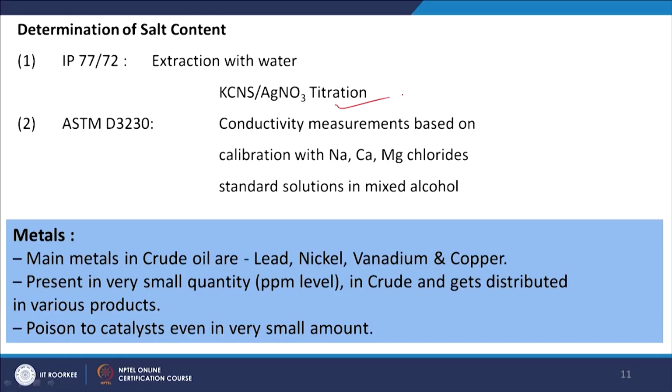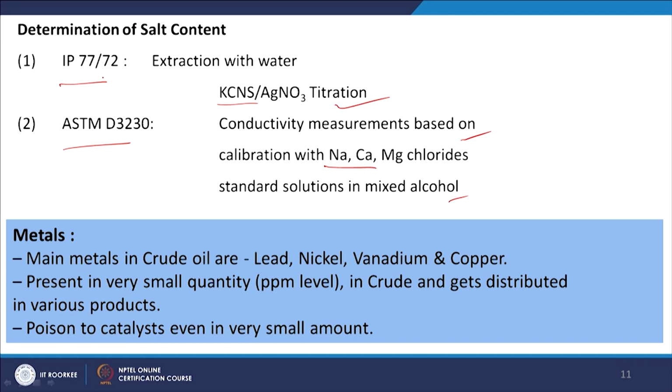For the determination of this salt, some methods are available: silver nitrate and Volhard titration methods, or conductivity measurement based on standard sodium, calcium and magnesium chloride solutions in mixed alcohol.